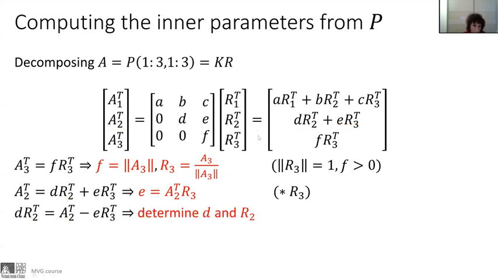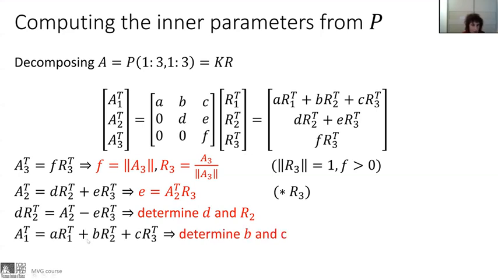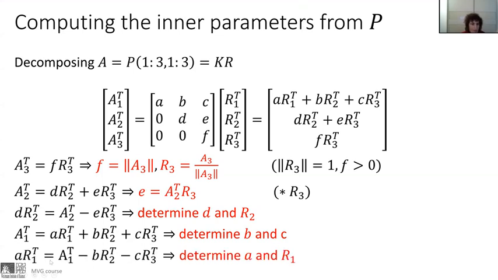Now, in the same way that I did for the first line, I can determine D and R2. Because this is known already and this is known already, I can do the same trick as in the first line. So I'll continue here. By multiplying once by R2 and once by R3, I can determine B and C. And lastly, by the same trick that I had in the first, I can determine A and R1.